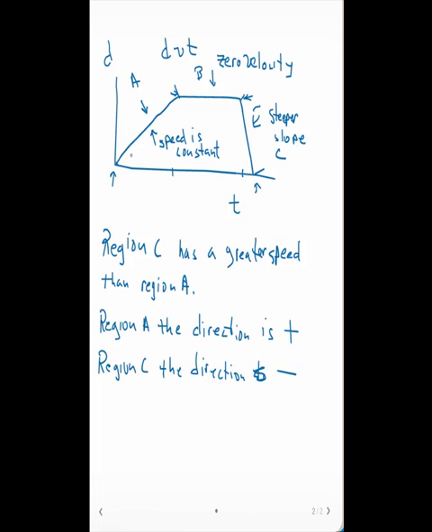The velocity is away from the edge of the table in region A. We're calling that positive. The velocity is towards the edge of the table. We're calling that negative. In both cases, since the speed is not changing and the direction is not changing, the acceleration is 0. The object here is at rest, and in region B, it's at rest, and so the acceleration there is also equal to 0.